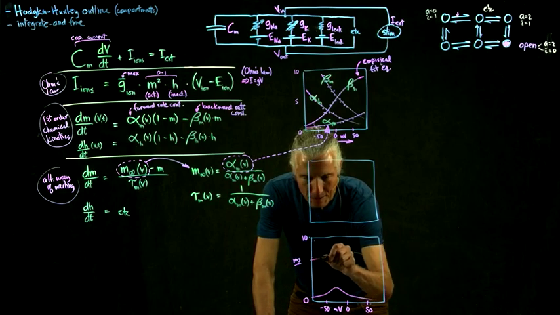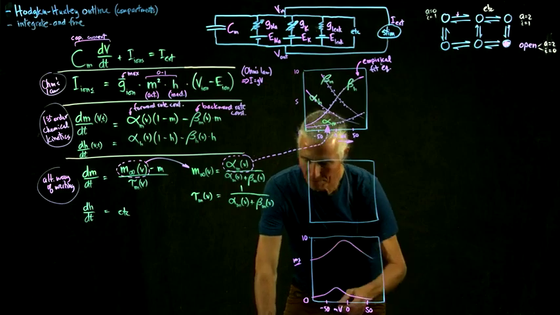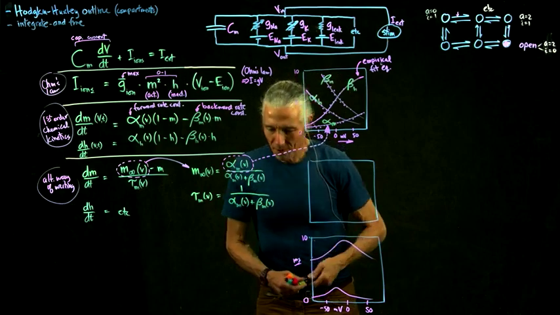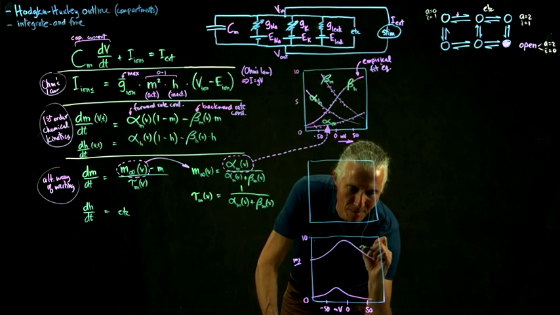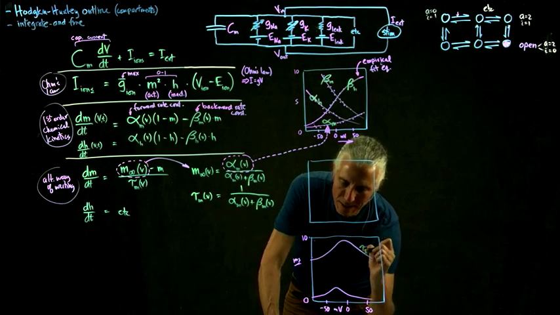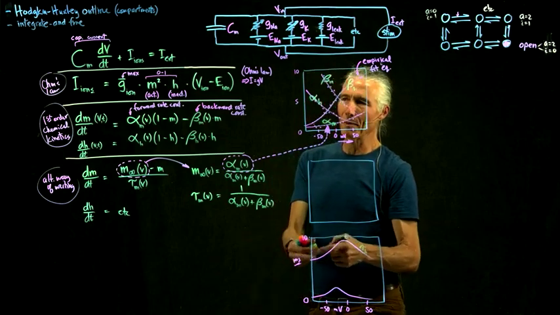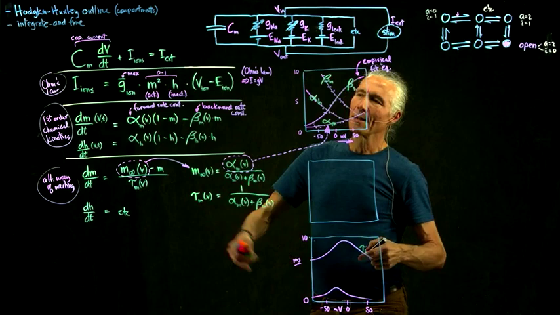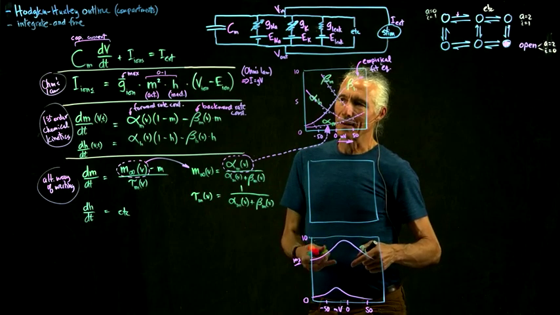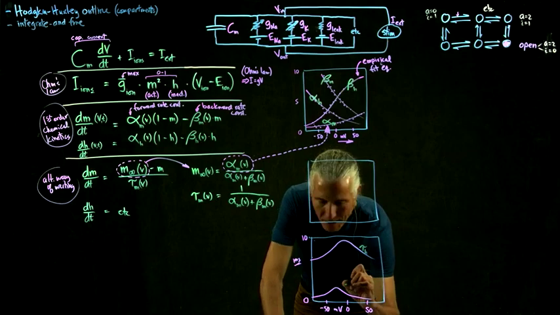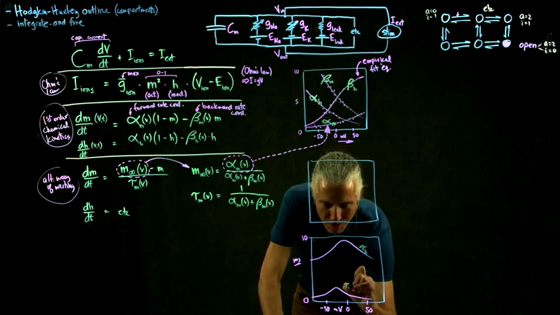This is the time constant for the inactivation. That's going to be longer. It takes a couple extra milliseconds before the inactivation kicks in and blocks the channel. And this one is the time constant tau for the activation.